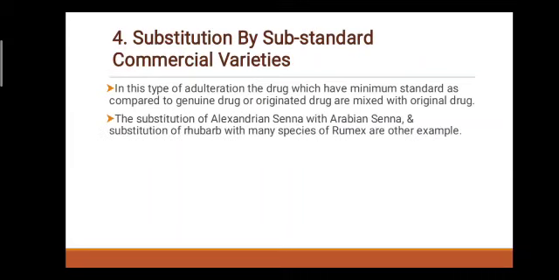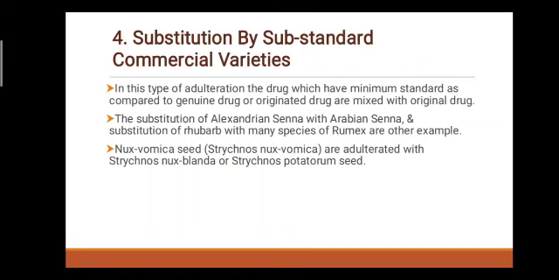The substitution of Alexandrian senna with Arabian senna and substitution of rhubarb with many species of Rumex are other examples. Nux vomica seed (Strychnos nux-vomica) is adulterated with Strychnos nux-blanda or Strychnos potatorum seed.